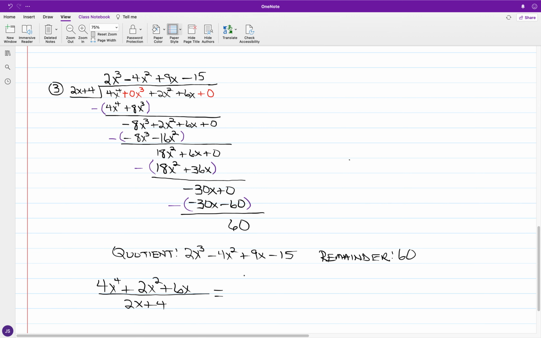If I had to put this in terms of quotient and remainder over divisor, the quotient would be at the front. And so we have for this ratio 2x cubed minus 4x squared plus 9x minus 15, and then plus the remainder 60 all over the divisor, which in this case is going to be 2x plus 4.